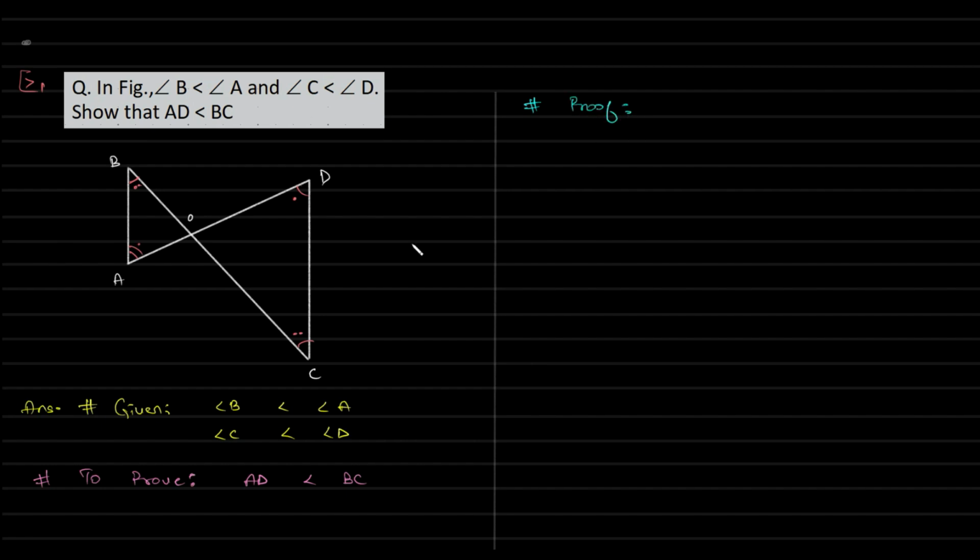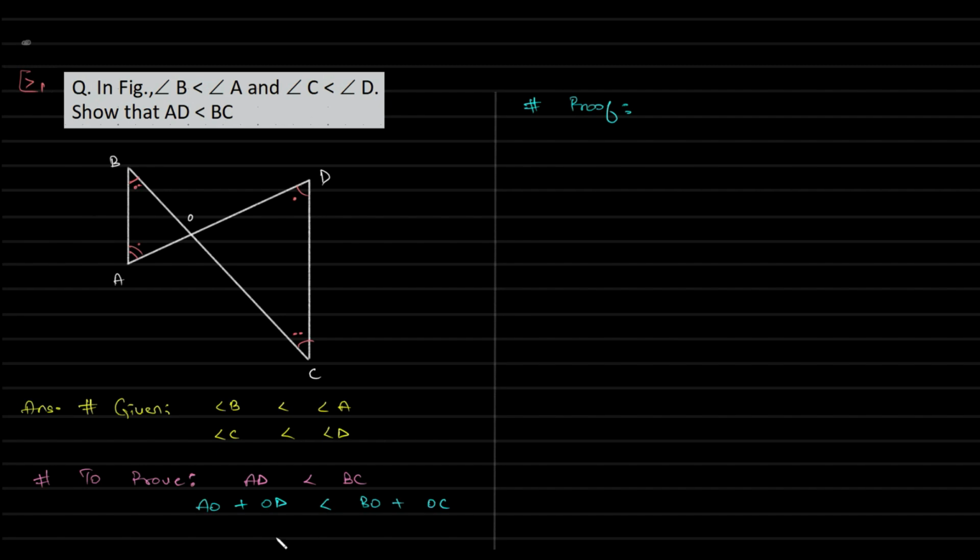Proof. So how will we prove this? We are looking at AD, which is part of two triangles. So what we can do is we can rewrite this. AD can be written as AO plus OD, which should be lesser than BO plus OC. This is your clue.